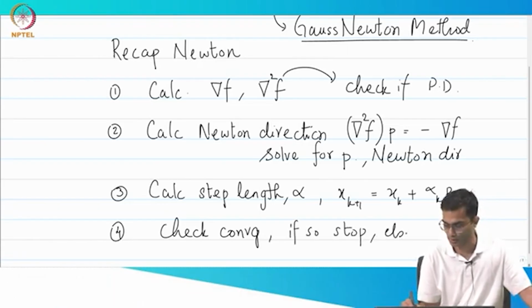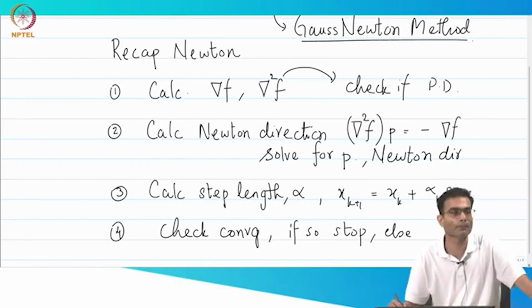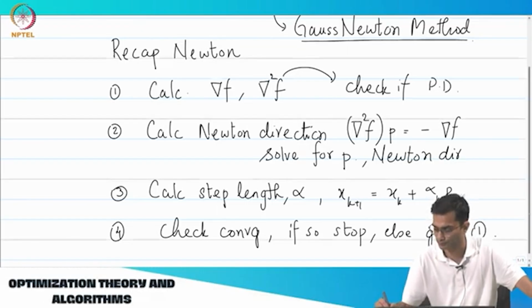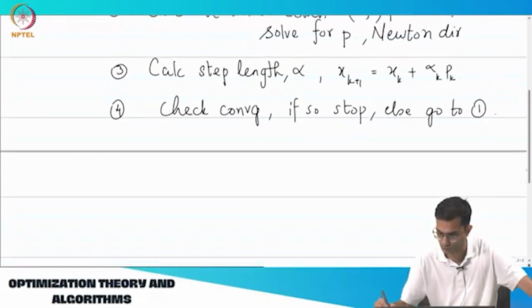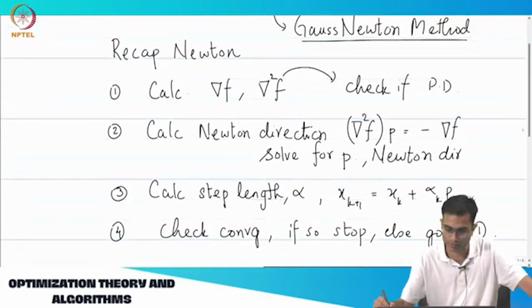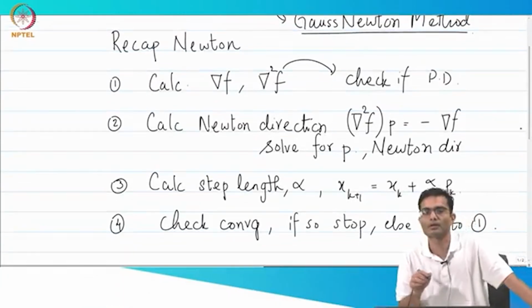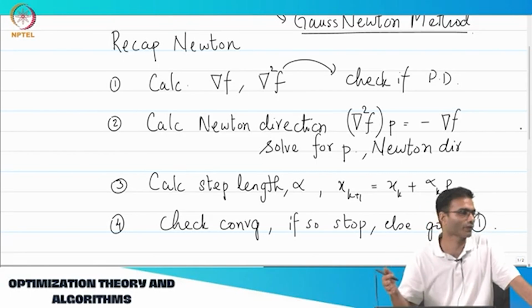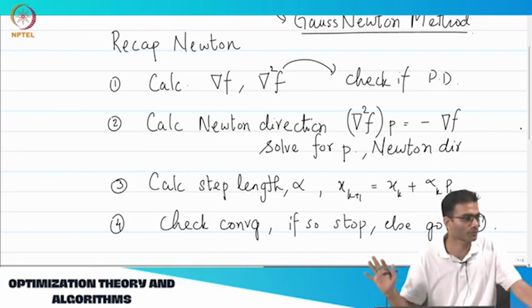Else I go back to which step? Step 1, right? Else go to 1. This is a recap of the Newton method in general. Here we did not make any assumptions on the form of f. f can be any function. This is how we have studied the Newton method.